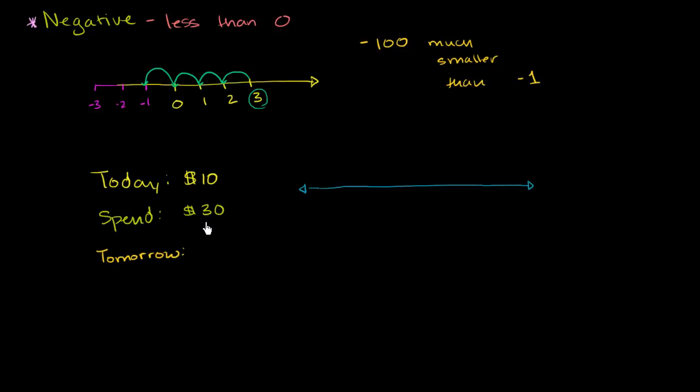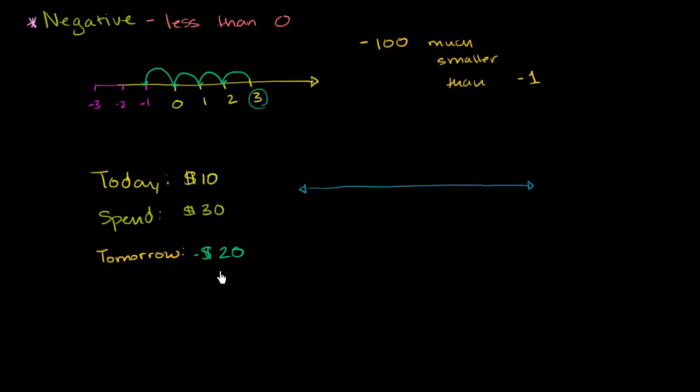So I'm going to owe the bank $20. To show how much I have, I could say 10 minus 30 is actually -$20. So in my bank account tomorrow, I am going to have negative $20. If I say I have -$20, that means that I owe the bank.